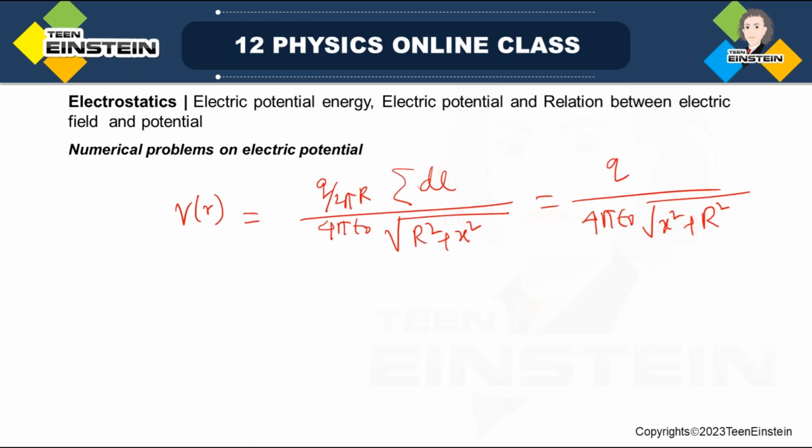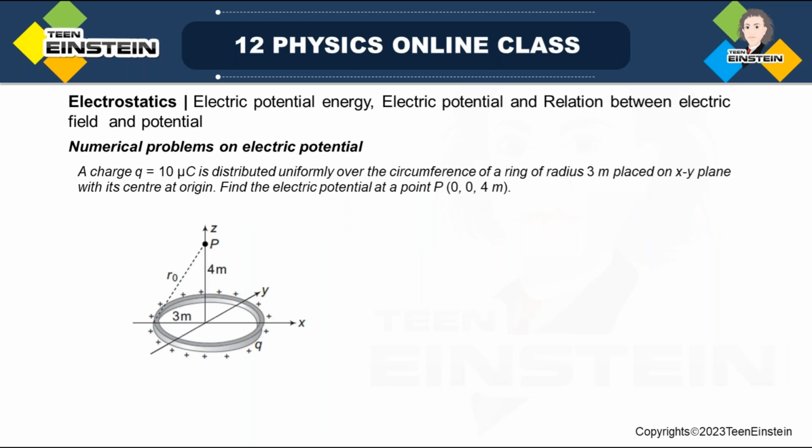We'll take up one simple example, then it will be clear to you. So here is the simple example. Suppose a charge Q equal to 10 microcoulomb is distributed uniformly over the circumference of a ring of radius capital R equal to 3 m, placed in the xy plane.